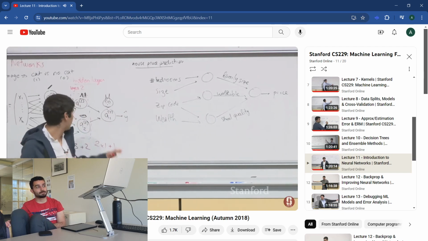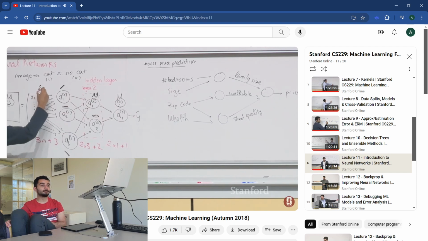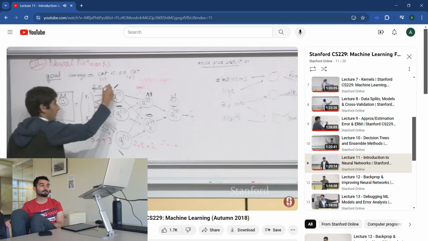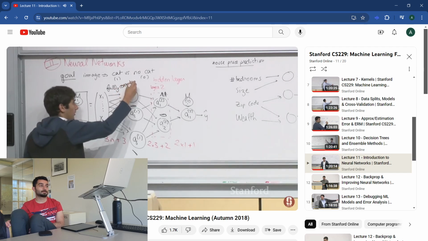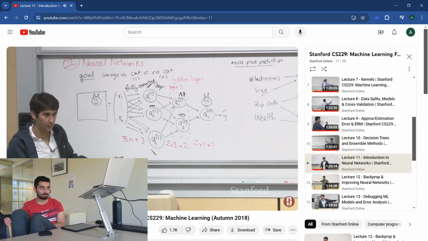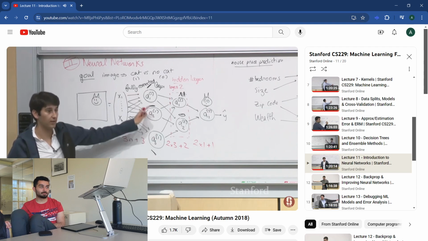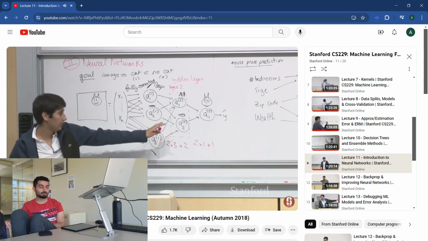In practice, what we do here is that we use a fully connected layer. Fully connected, what does it mean? It means that we connect every input to the first layer, every output of the first layer to the input of the next layer, and so on.